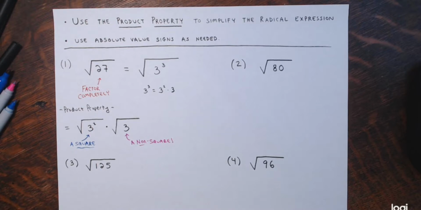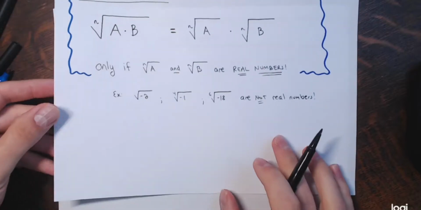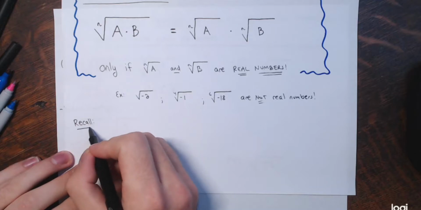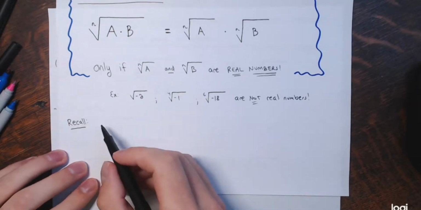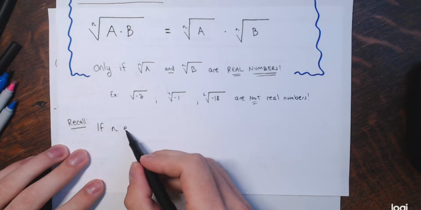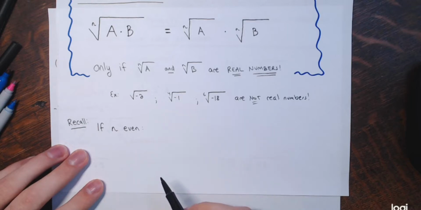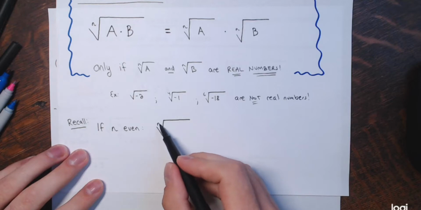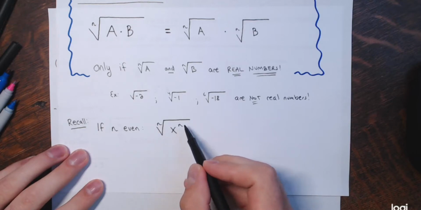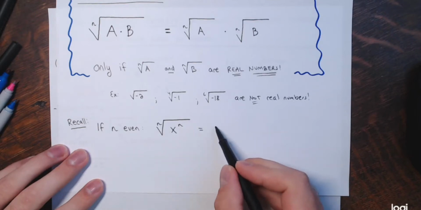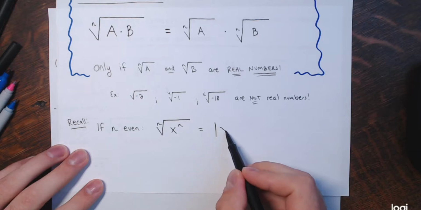All right, now the other rule I want to bring up, and this should be a recap, so hopefully you recall from an earlier video or last section that if n is even, so square root, fourth root, sixth root, and so on, the nth root of something to the nth power was the absolute value of the base.